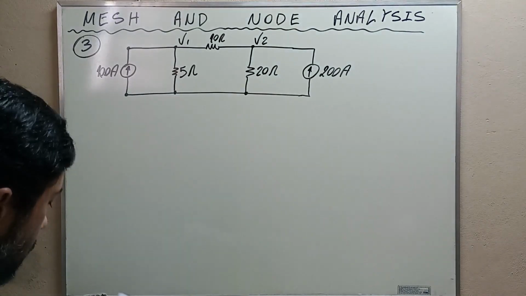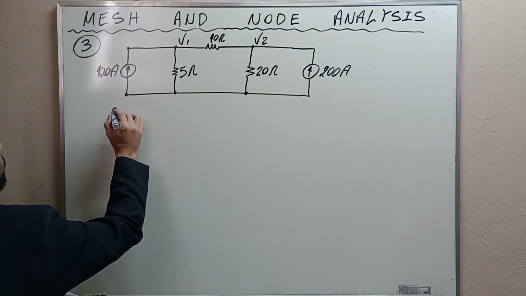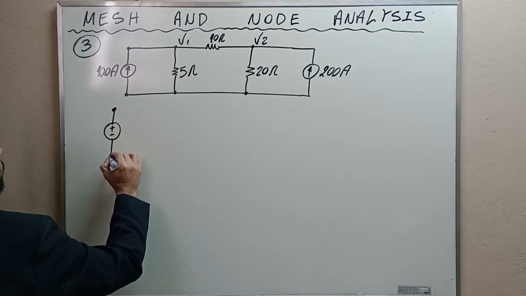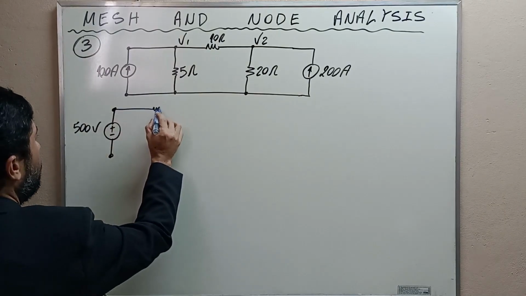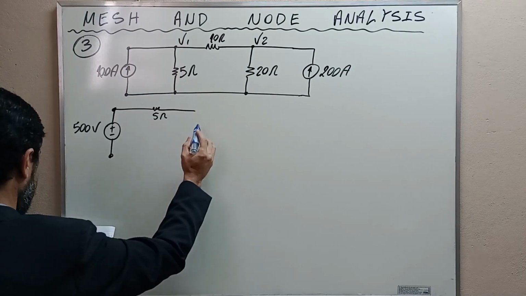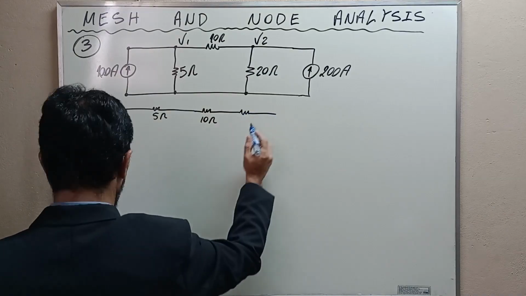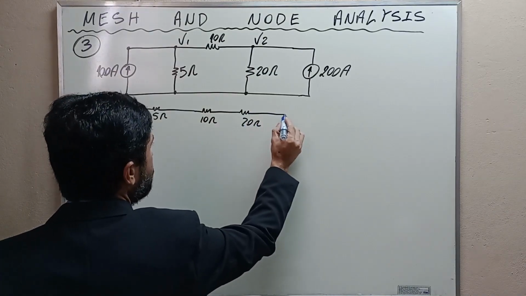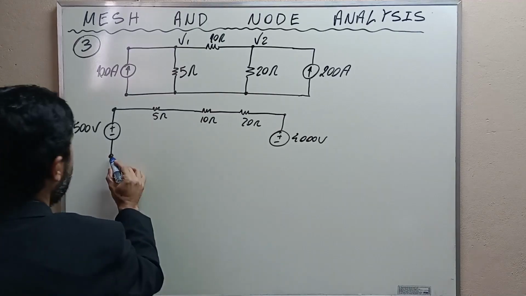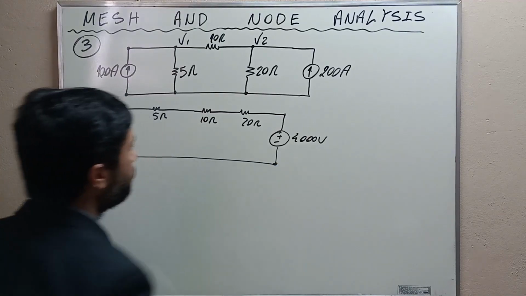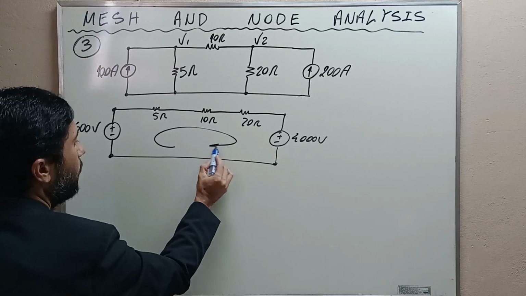And the new circuit will thus be 500 volts, here 5 ohms, here 10 ohms, here 20 ohms, here 4,000 volts, and we are going to use a current here.